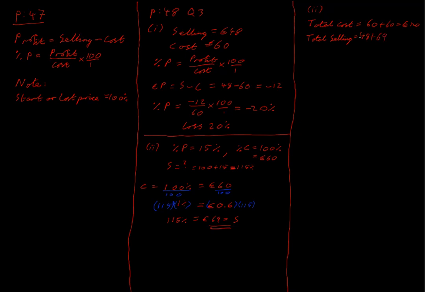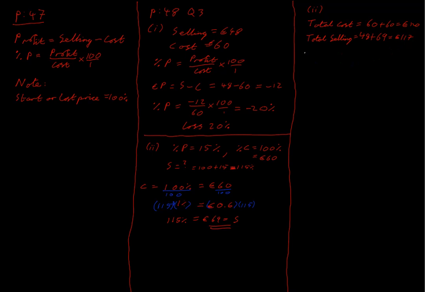This is the ticket we were told about in part 1. This is the price we found out we sold for in part 2. And when we add those together, we get 117 euros. So we can immediately see that we've made a small loss. This was our total cost. This is our total selling.